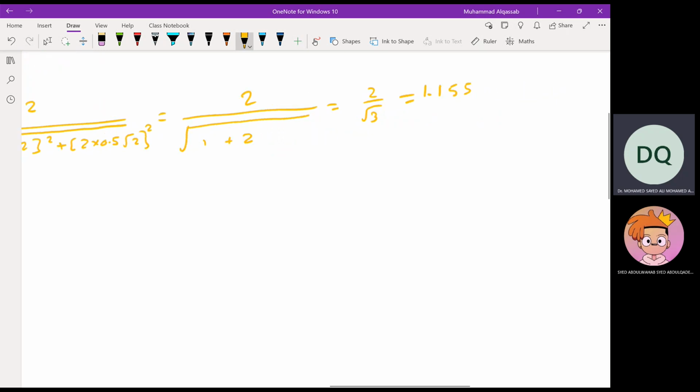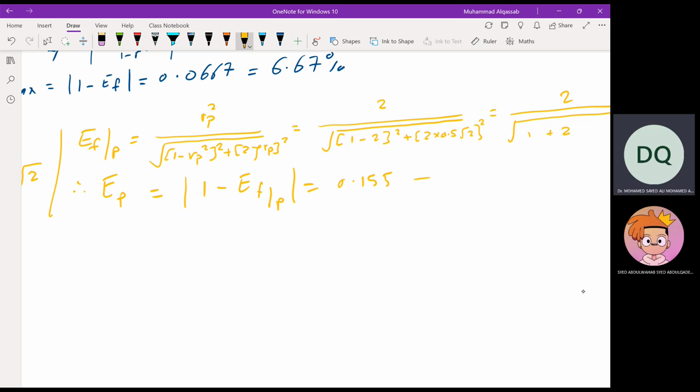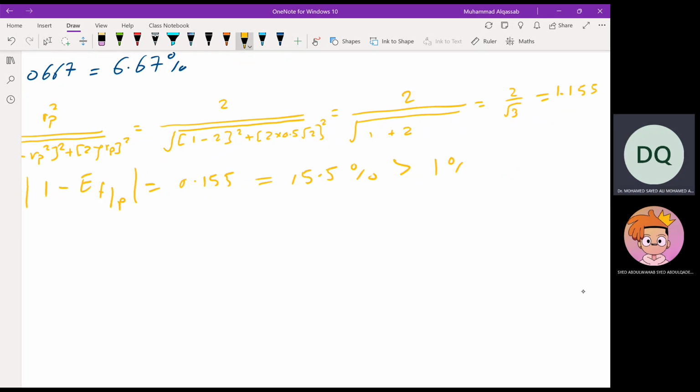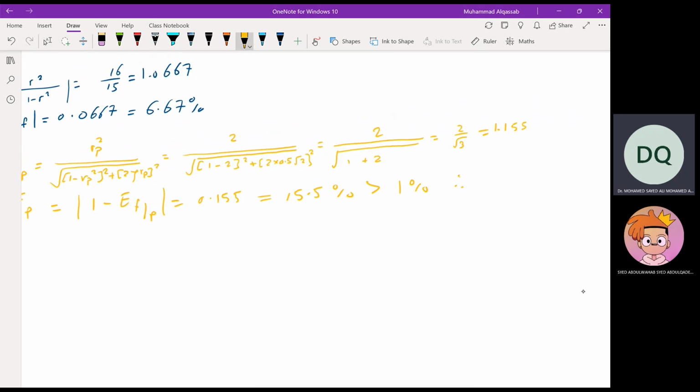The error at peak is equal to 1 minus the error factor at peak. So this becomes 0.155. In percentage, this is 15.5%, which is greater than 1%, the given maximum error.